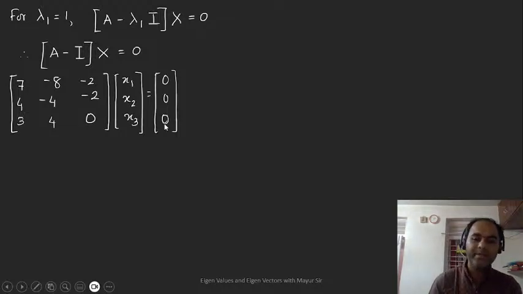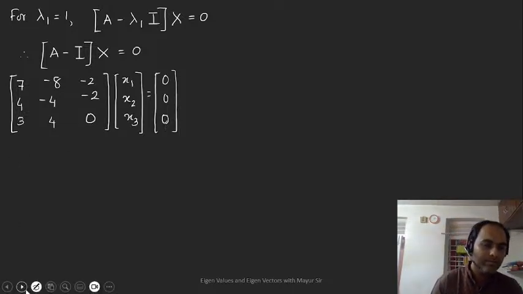This method is Cramer's rule method. You have to be cautious with one thing alone, that you must not get all values 0, 0, 0, because we are finding the eigenvector now. An eigenvector cannot be 0. That's the only thing you should remember in mind right now.